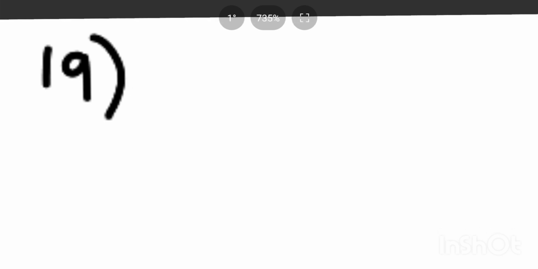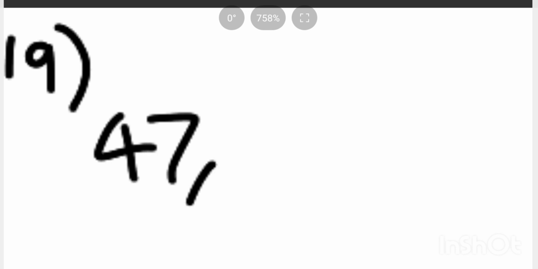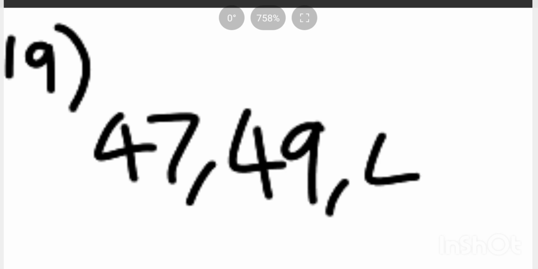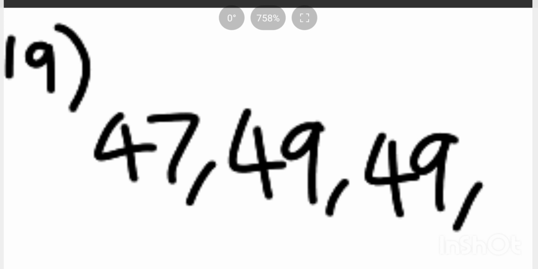So to work out the median of any list, you need to reorder the numbers, and then pick the number in the middle. So if we start off with toffees, we need to reorder this list. So the lowest number is 47, 49, and there's two of them. Then there's two 50s.